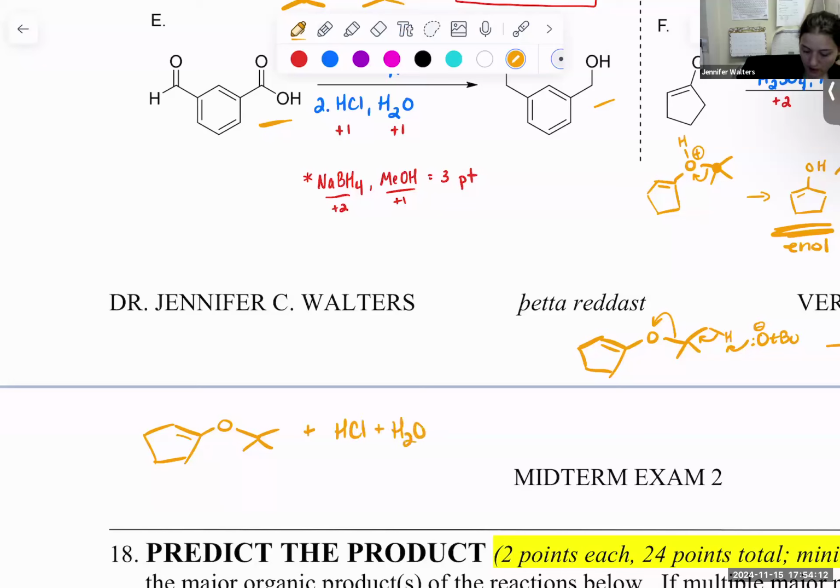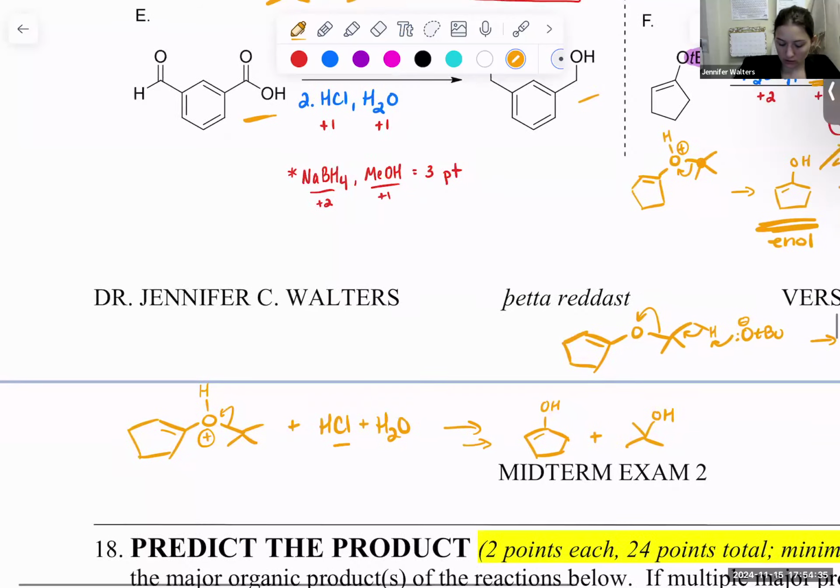So in that first step, you're again going to protonate your ether. You get your carbocation, then your best nucleophile, because chloride is not a nucleophile in protic solvent, that would then lead to your enol plus that tert-butanol.